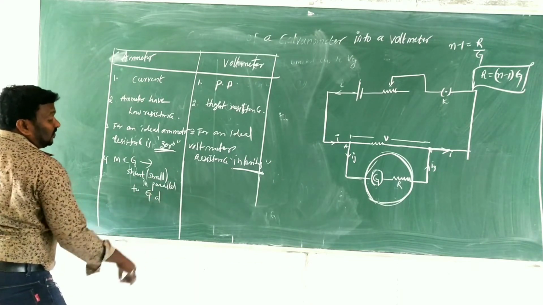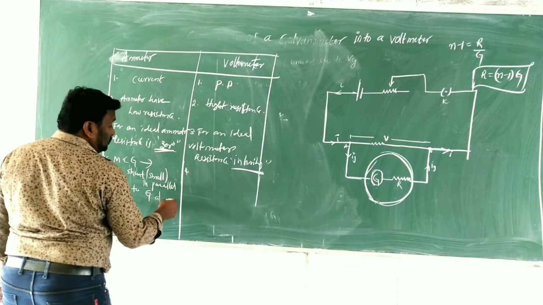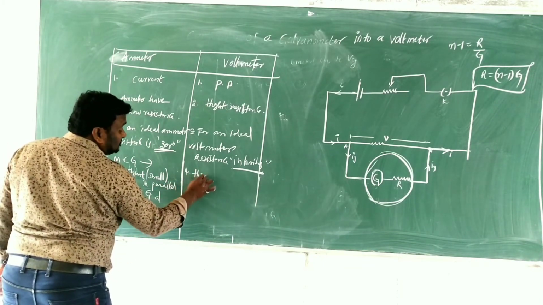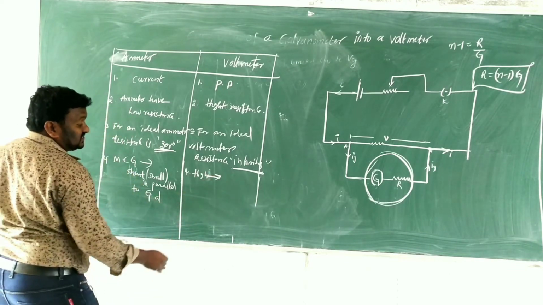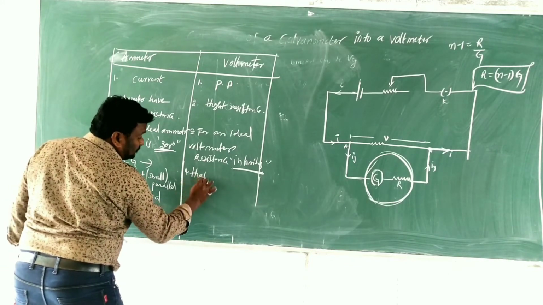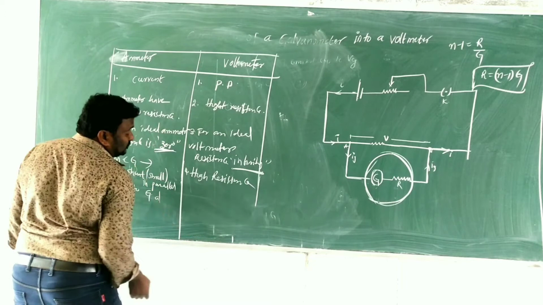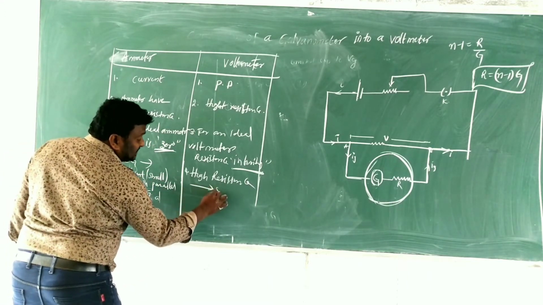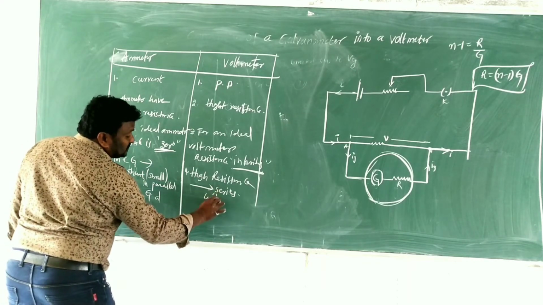In parallel to the galvanometer. Clear? And in this case, a high resistance is connected in series with the galvanometer.